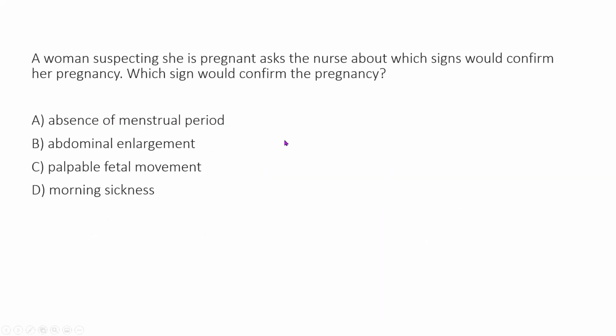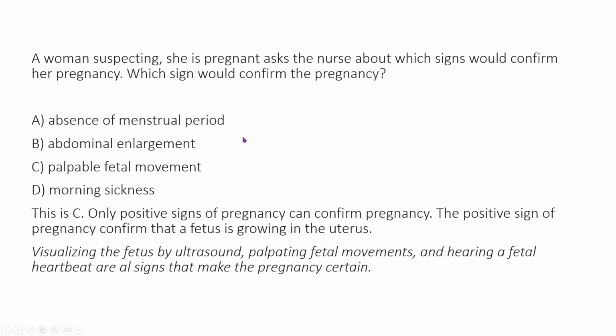Okay. Next question here. A woman suspecting she is pregnant asks the nurse which signs would confirm her pregnancy. Which sign would confirm? Okay, and if someone could type in, ooh, so you already got it. I'm telling you, this is good stuff. I'm very happy for y'all. Okay, confirming pregnancy: palpable fetal movement. I went ahead and put it on here.